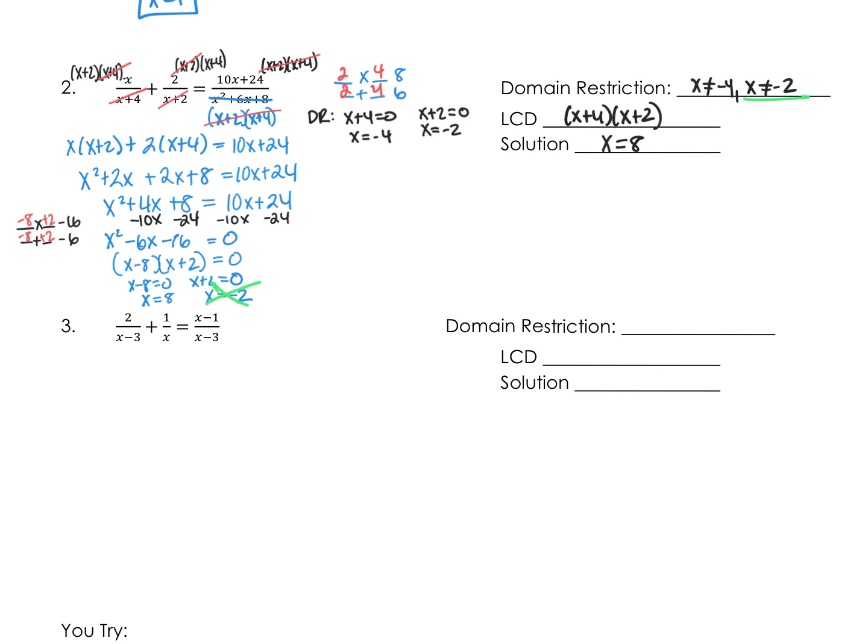Same thing you did with the other one. So start by, what did you start by? You took x minus 3 and you did what with it? Yeah, what did you do with this x minus 3?